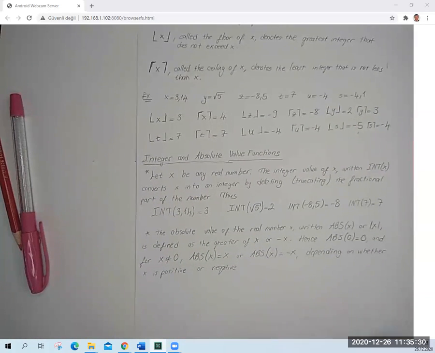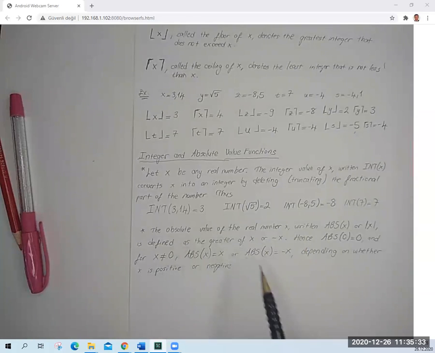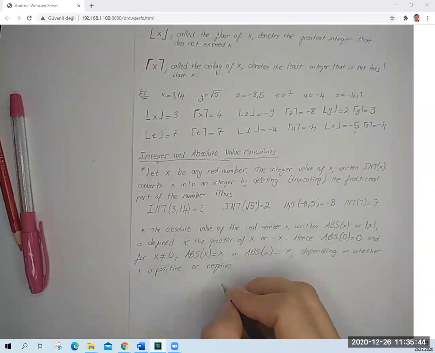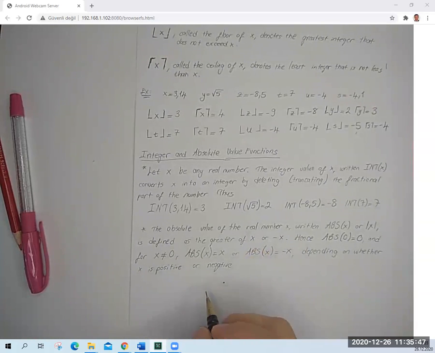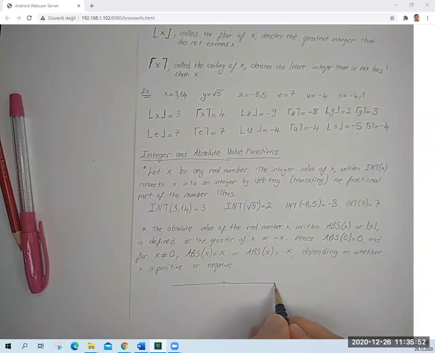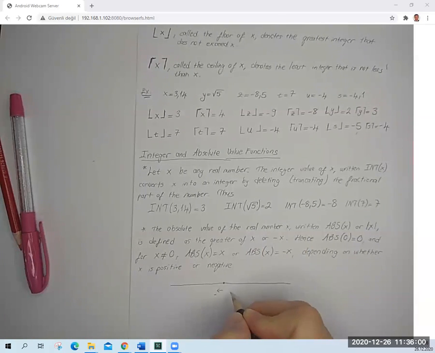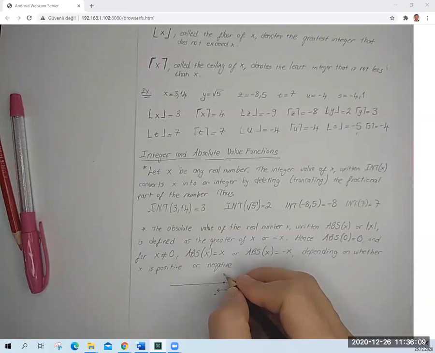Actually, when you look at the absolute value function, you just have to think about distance. If you go to the minus side, for example, this is the numerical line, and here is the negative side, the minus side, and this is the plus side. And absolute value is a distance.